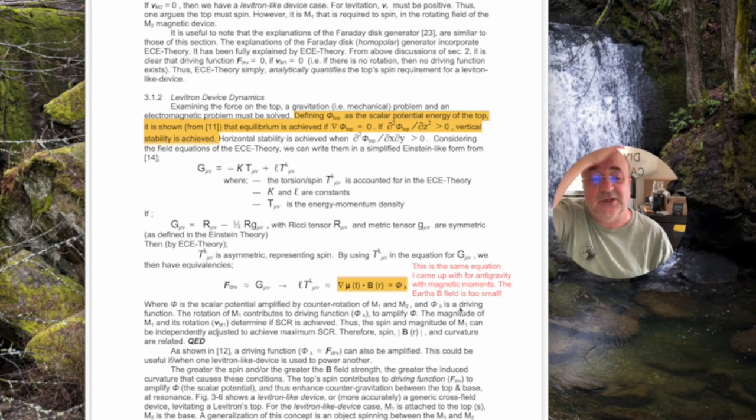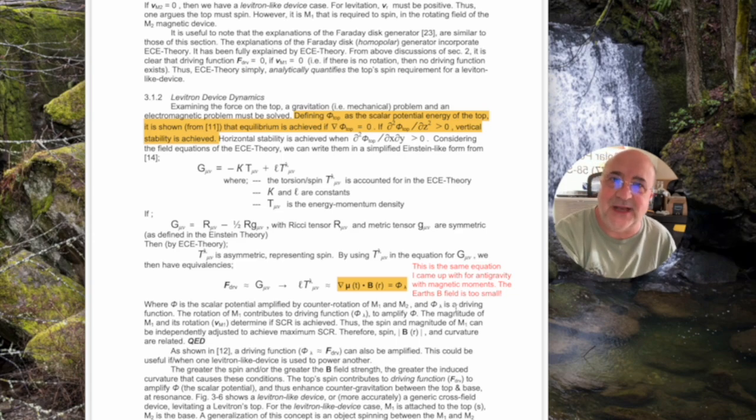He calls phi the driving function, and this phi is the scalar potential. So it doesn't make a lot of sense, and he's equating gravity as electromagnetism, or he's saying that electromagnetism is gravity because of this ECE theory.